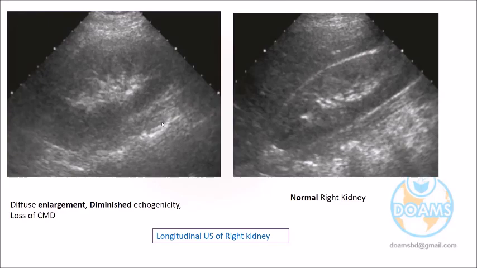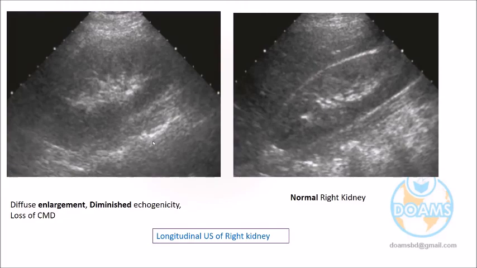The kidney is bigger. There may be inflammation in the kidney and an acute problem. Diffuse enlargement means acute problem. Compare with the normal kidney. Can we differentiate it? I think so.